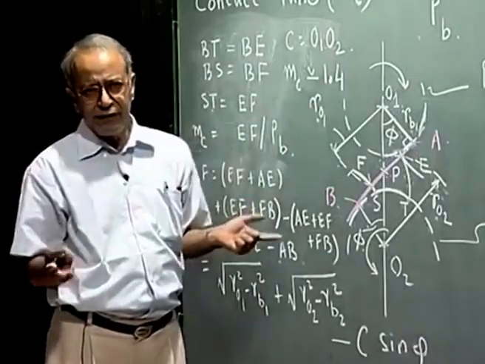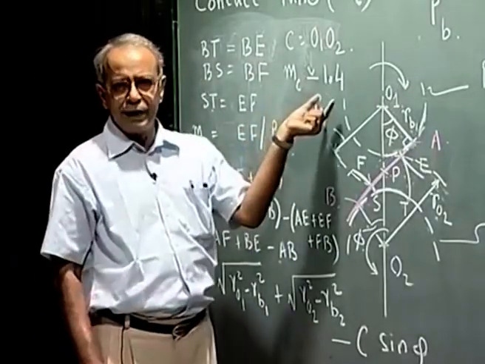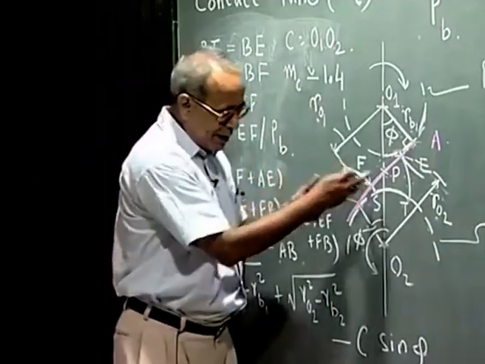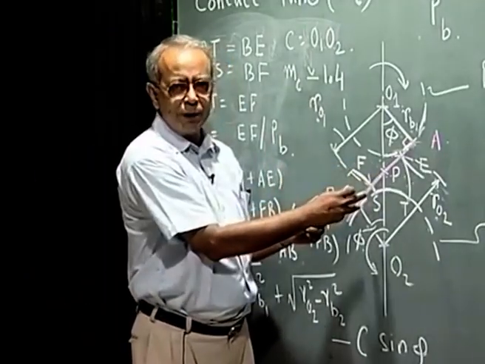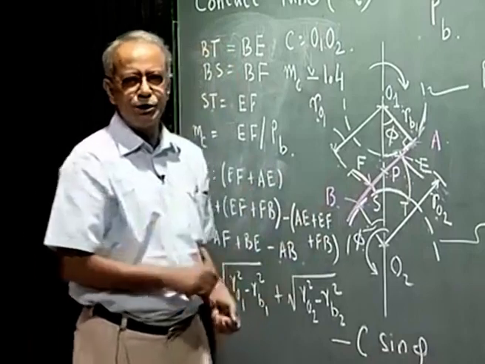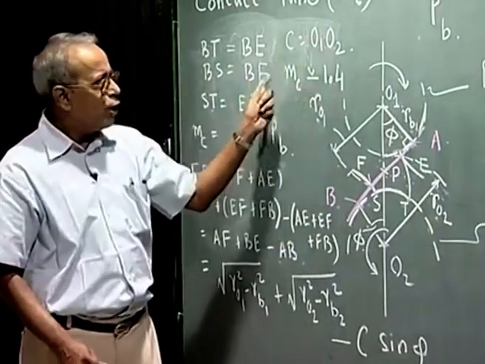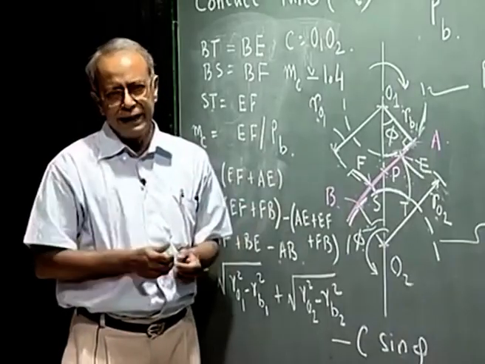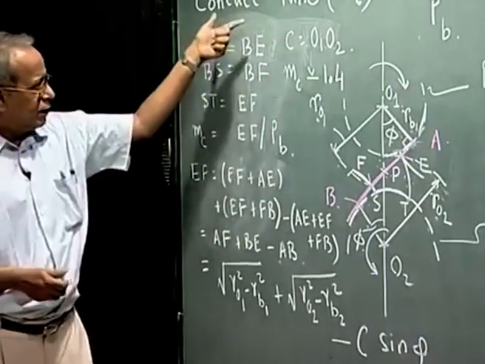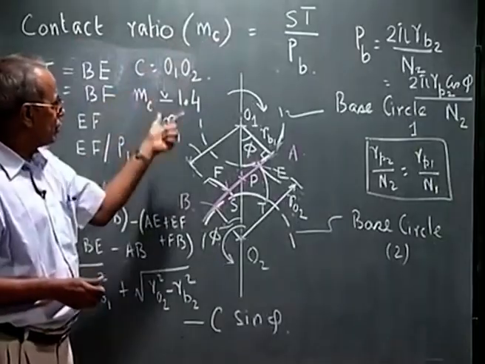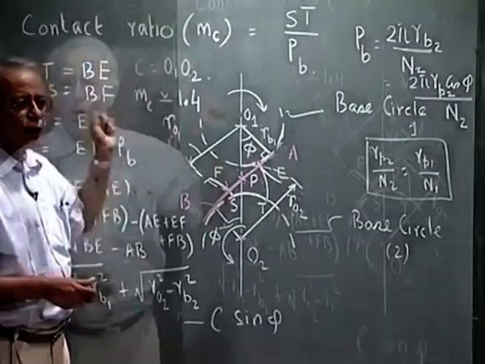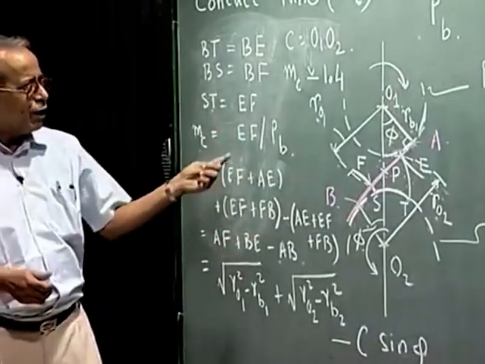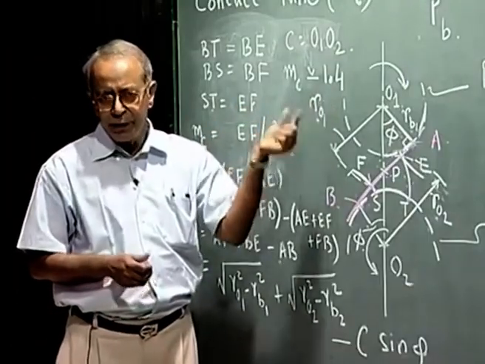For certain other phases of contact, at least two teeth are in contact, because there must be a region when two teeth are in contact, so that continuous transmission is ensured, and on an average 1.4 pair of teeth remain in contact if I consider the entire cycle. That is the physical meaning of the contact ratio being 1.4: on an average during the entire cycle 1.4 pair of teeth remain in contact.